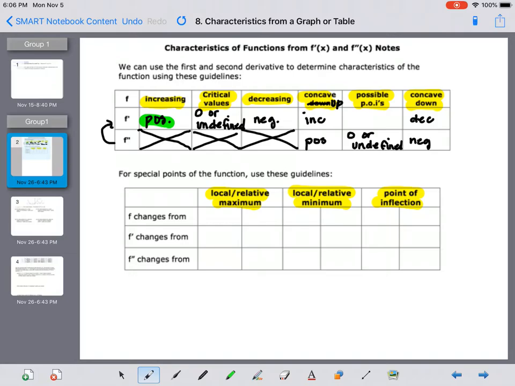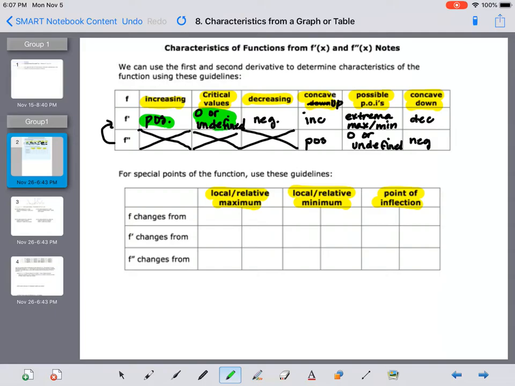And then in fact, if we look at our first derivative, our POIs, or points of inflection, will actually show up as extrema. Okay, so it'll show up as a maximum or a minimum. Because that's the same process we use over here.